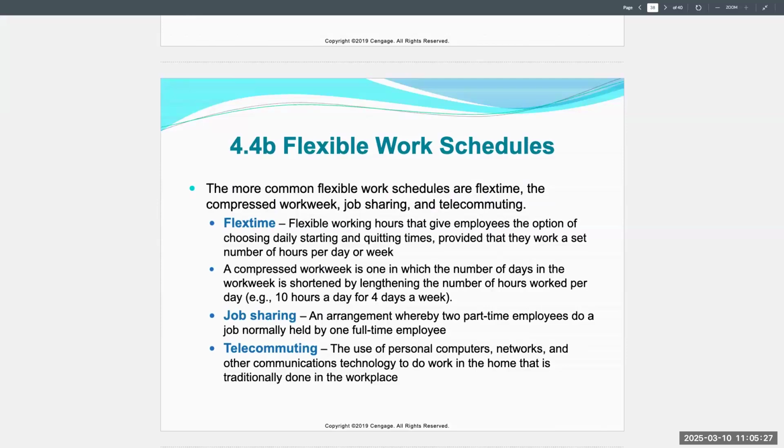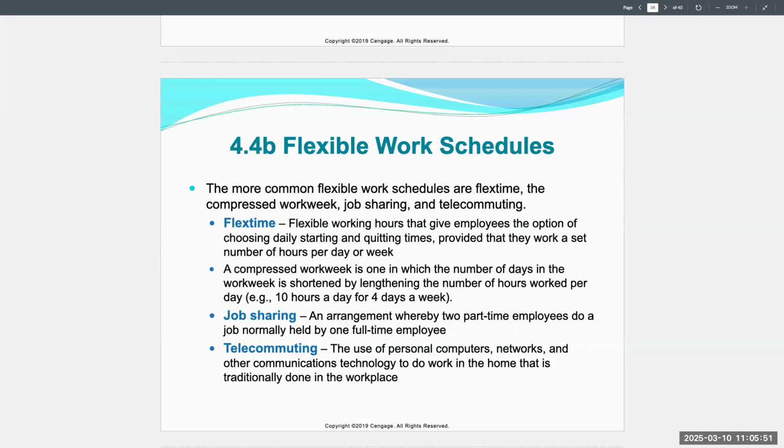And we also know that flexible work schedules are important. Flexibility is one of the most important things in this category, because employees can then control when they start and when they end, as long as they meet the required hours. This creates work-life balance.